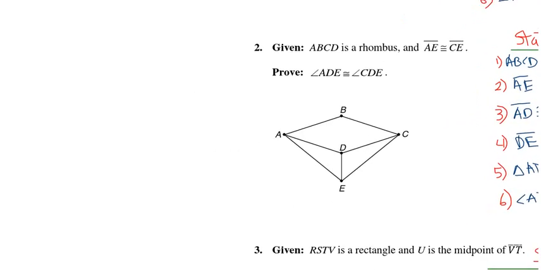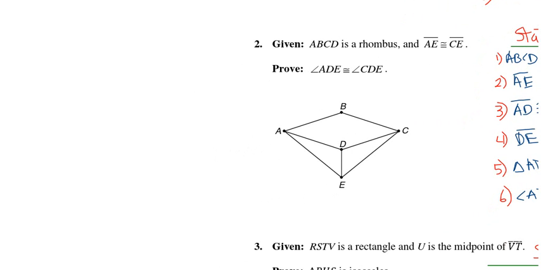Number two says ABCD is a rhombus, so that's one given, and AE is congruent to CE. So we already know that ABCD is a rhombus.